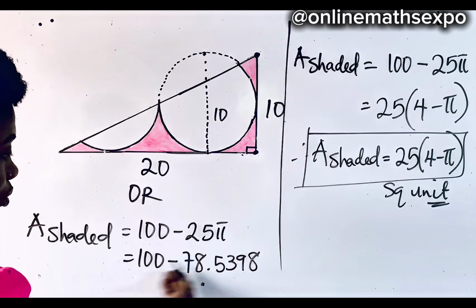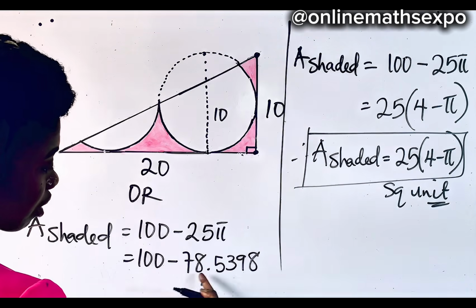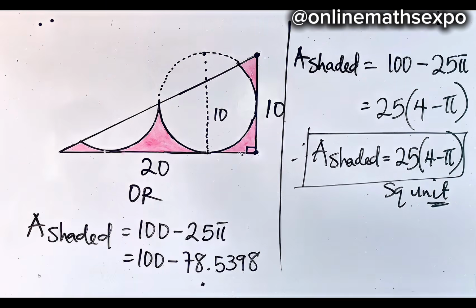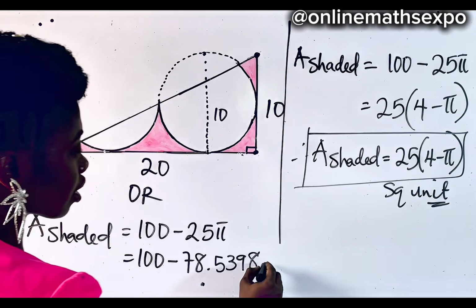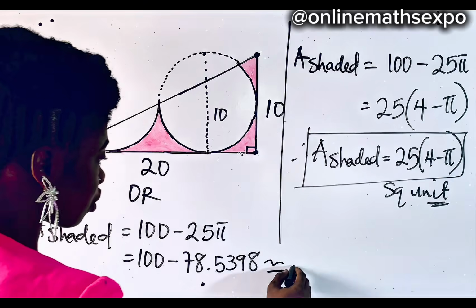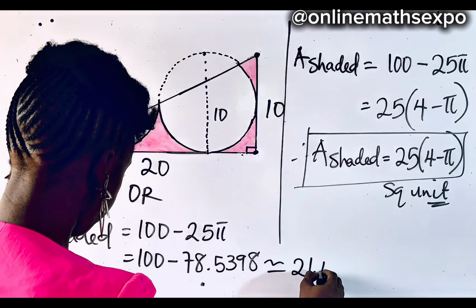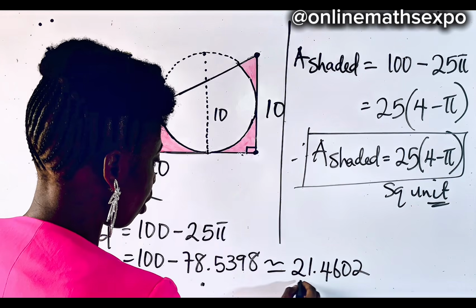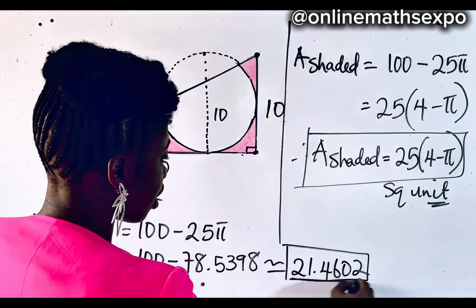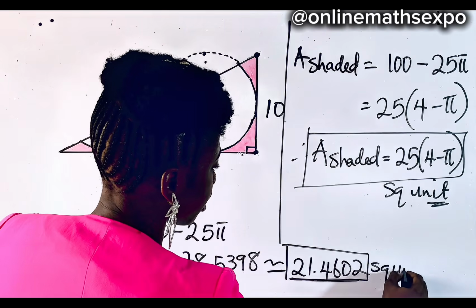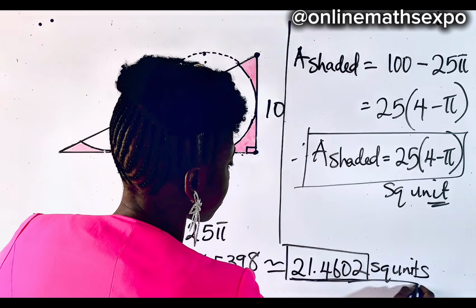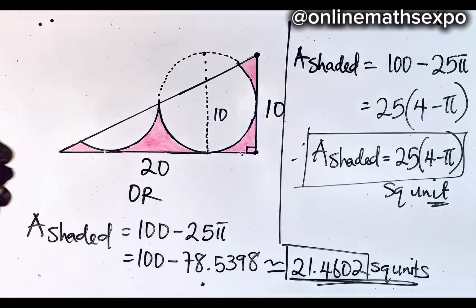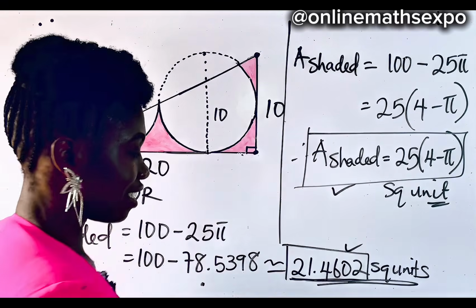So if you subtract this, it gives us, this is approximated, approximately 21.4602. So this is also the area in decimals. So you can leave it in this form or in this.